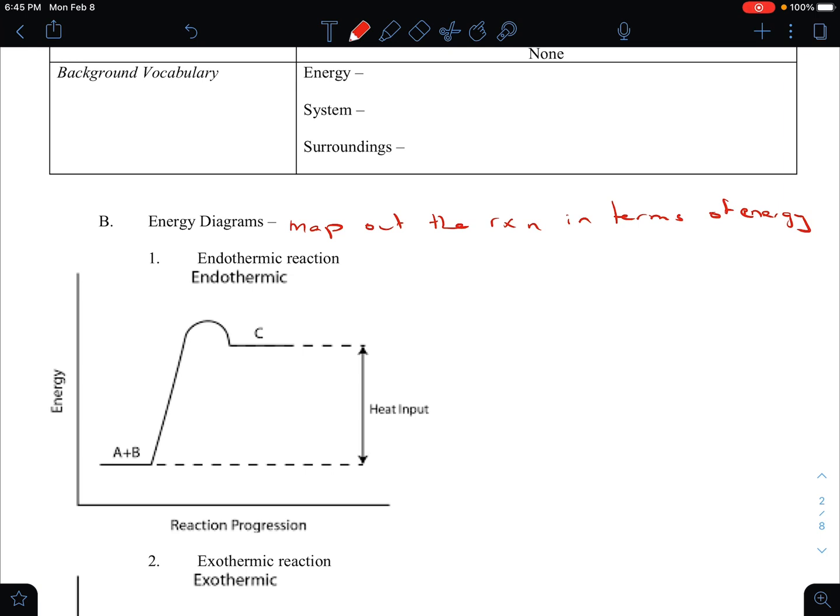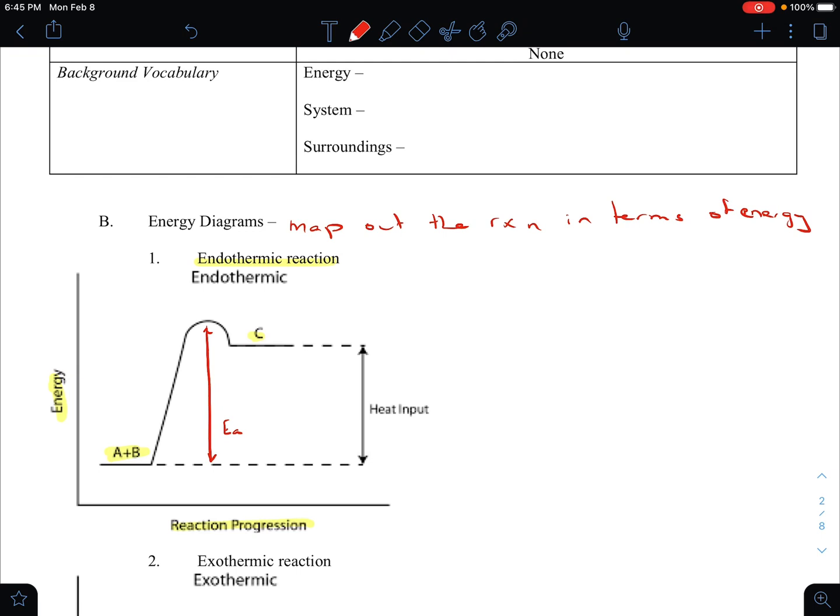Let's look at an endothermic reaction first. We have energy, usually in kilojoules, and this is our reaction progression. Here are our reactants, AB. Here are our products, C. What we saw last time was that this little area right here was our E sub A. We saw that in our kinetics chapter. But what we have here is our difference in energy.